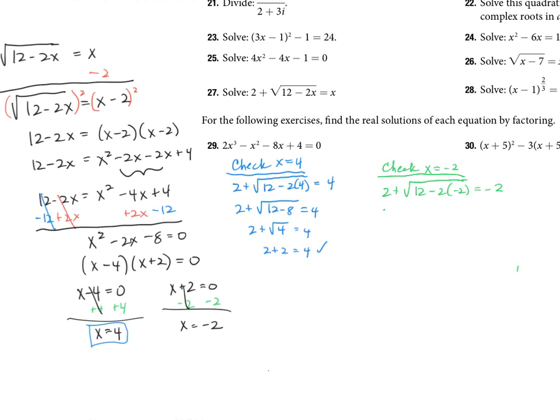So it's going to be 2 plus the square root of 12 plus 4, which is 2 plus the square root of 16, which is 2 plus 4. And we want to know if that's equal to negative 2. Well, no, that's going to be 6 equals negative 2. That's not true. So that's not a valid solution. So our only solution is 4. And again, you would only know that if you're checking your answers. So make sure you check your answers for these.